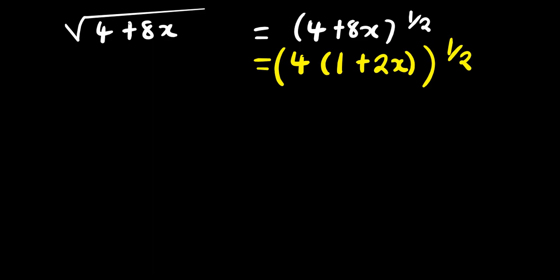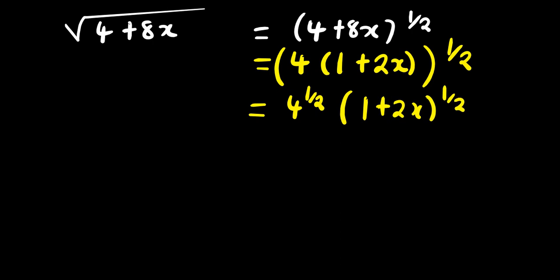Okay, now that I've got this expression, let me now distribute the half on each individual term in this expression. So the half is going to fall on 4, and the half is also going to fall on 1 plus 2x, like that. That's what it means, okay? Then the square root of 4 is just a 2, or 4 to the power half is just the same as 2.